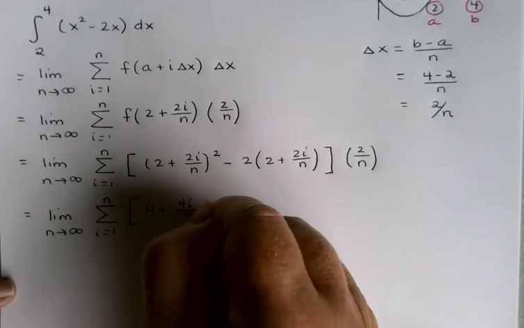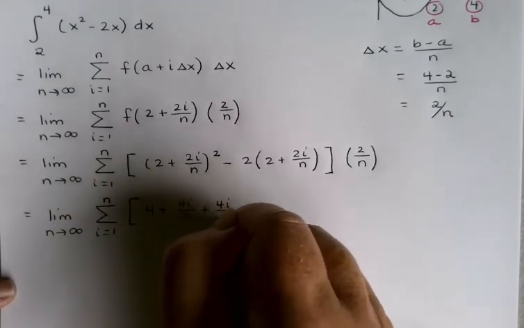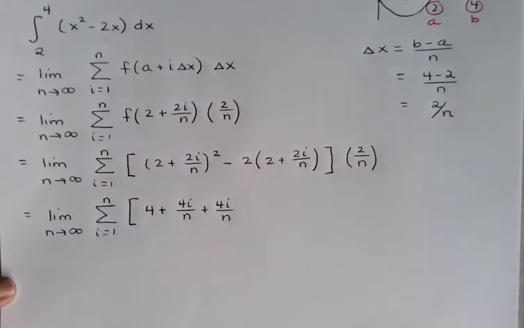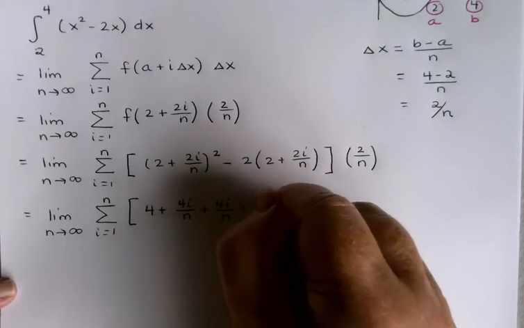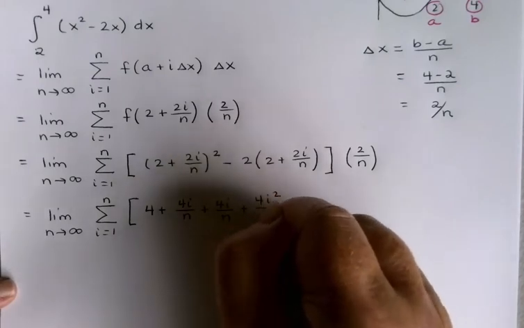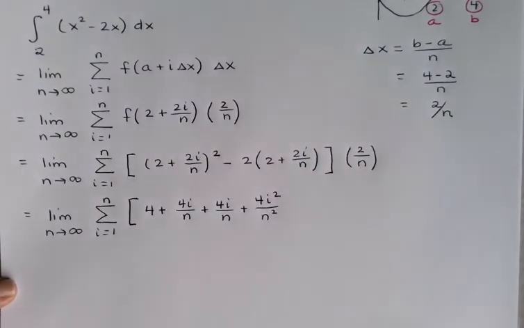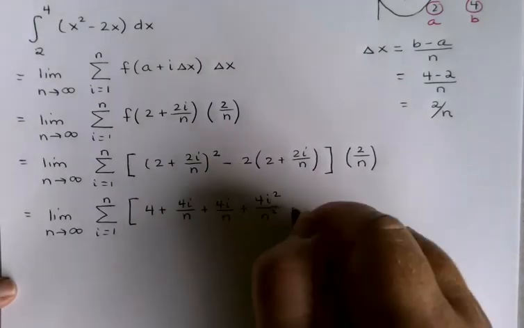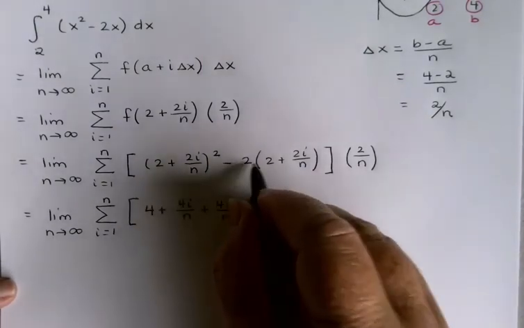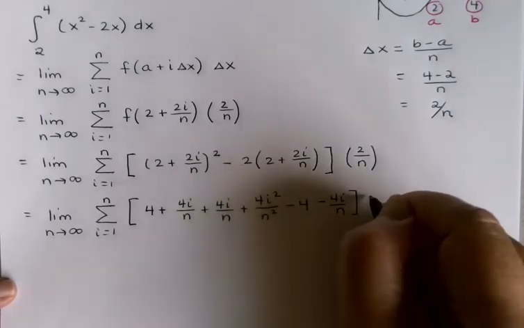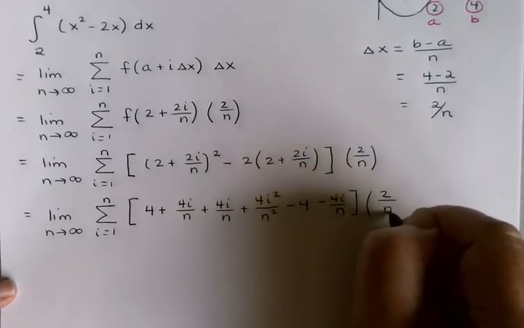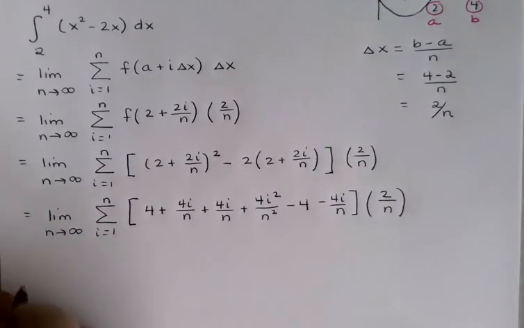And there's going to be one from the inners and one from the outers, so another 4i over n, plus the square of that would be 4i squared over n squared. Then I've got a minus 4 and a minus 4i over n, all multiplied by 2 over n.